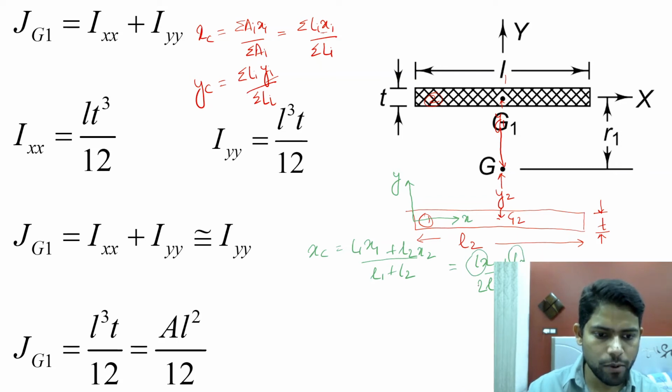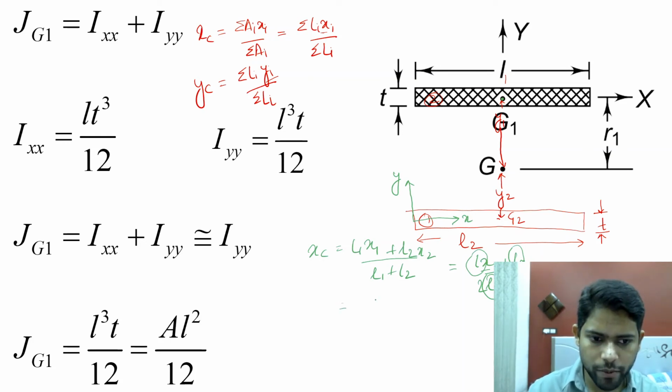Since L1 and L2 are equal, that's why we are using L. X1 is the distance of this central point or the centroid of the first weld from this axis or the origin of the Cartesian coordinate system. So this distance is L by 2.